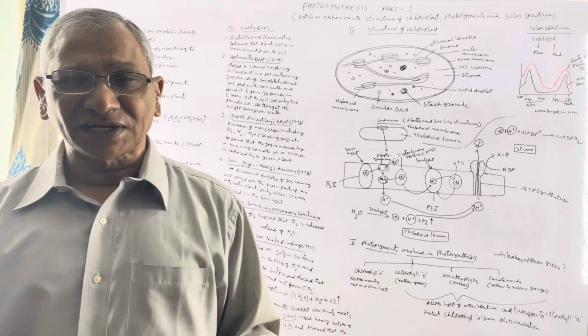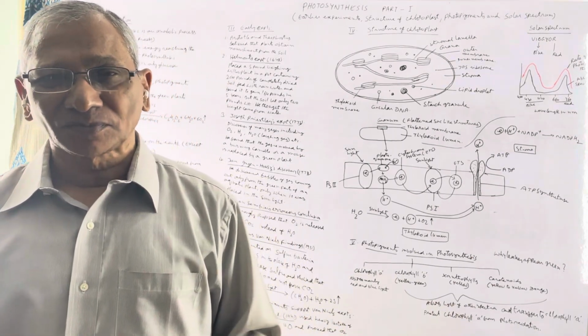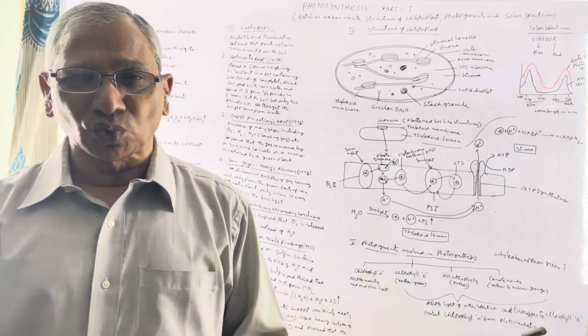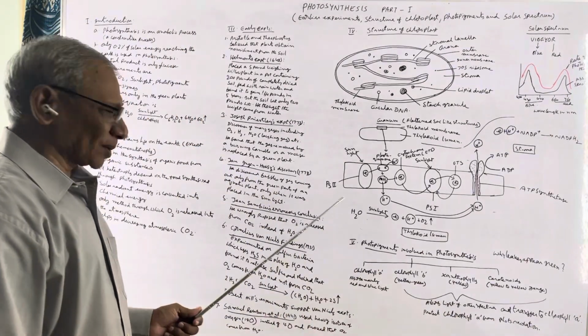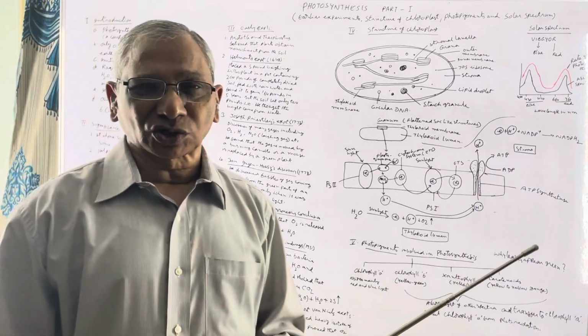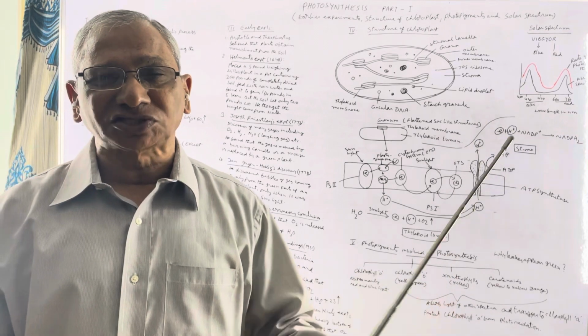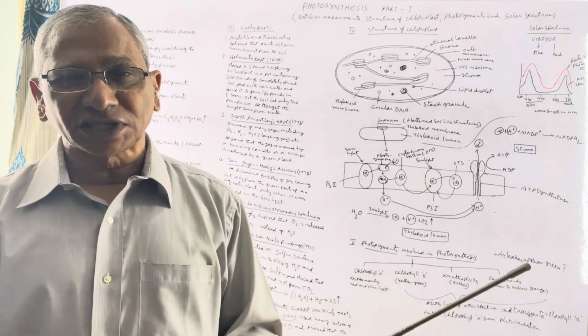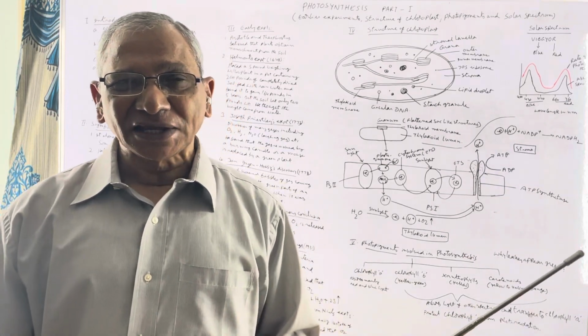Both carbon dioxide and water are used in photosynthesis, and both of them have oxygen. Then which one of these two is the source of the released oxygen? Senebier proposed that during photosynthesis, carbon dioxide is split into carbon and oxygen. Carbon is used in the synthesis of carbohydrates and oxygen is released.